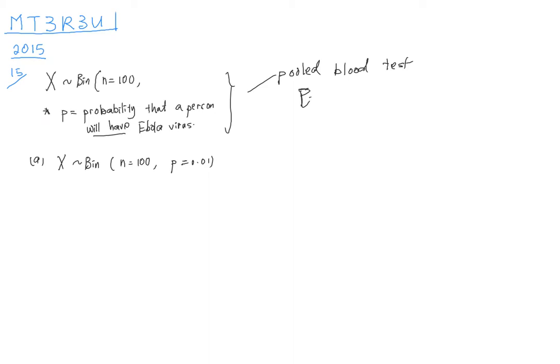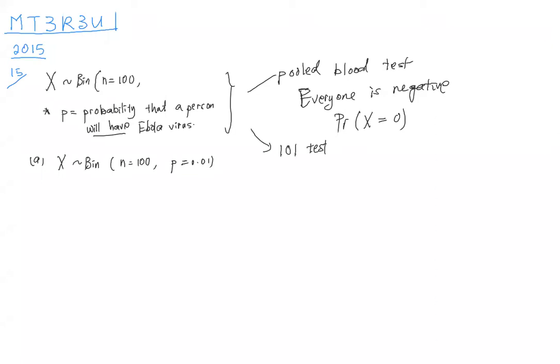Everyone is negative. Negative means probability of X equal to 0. No one has the Ebola virus. So you go for a pool. If it's positive, then you go for 101 tests. Everyone has to test.